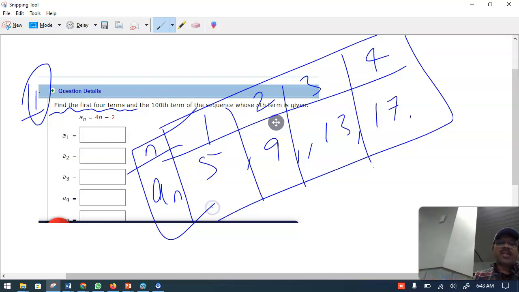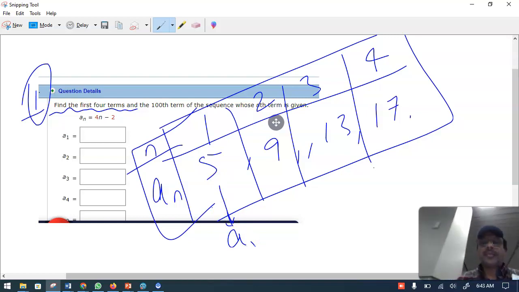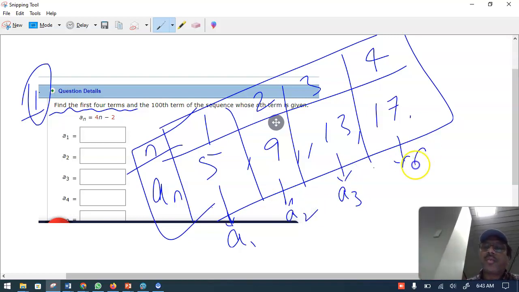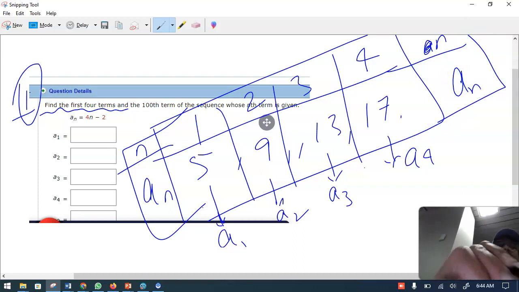You can see the very first term, and usually we write it like A1, then A2, this is the second number, that's the third position number, this is the fourth position number. Likewise, we can say this is the nth position, we call it AN. So that's what that AN means. If you see the sequence here, each time you're adding plus 4.